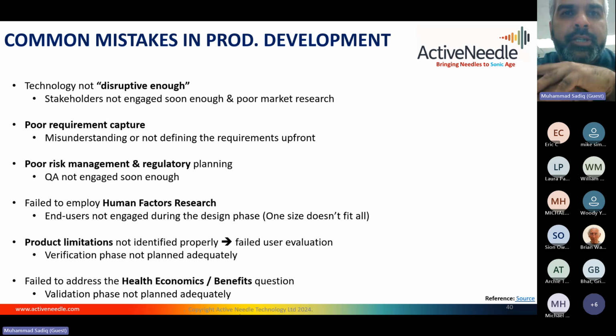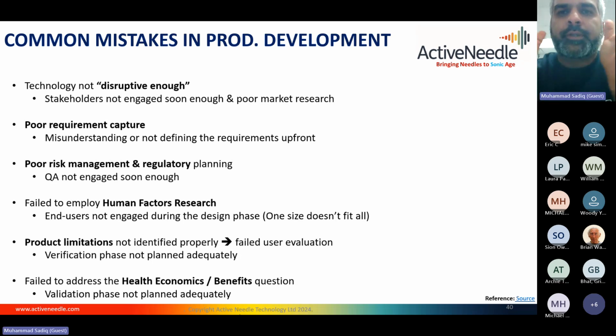Product limitations not identified properly, failed user evaluation. That refers to the risks and the FMEA. You have to do really thorough hazard and risk analysis, and plan the verification testing accordingly. Failing to address the health economics and benefits question.